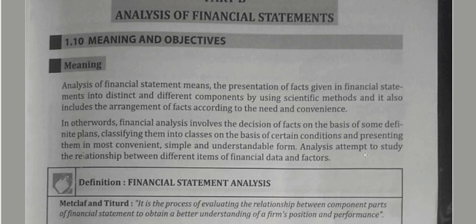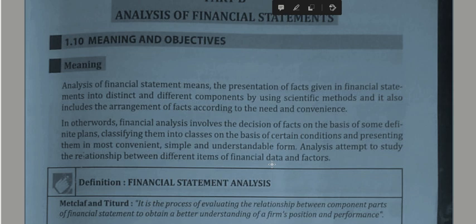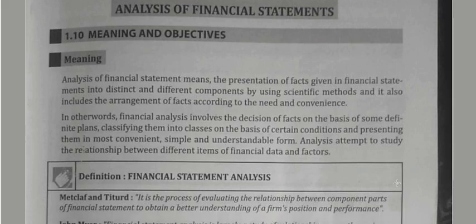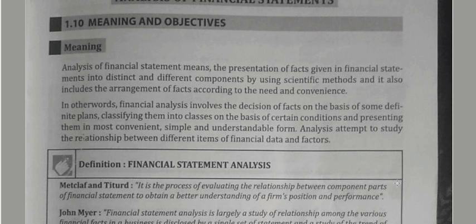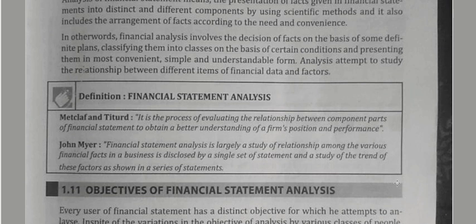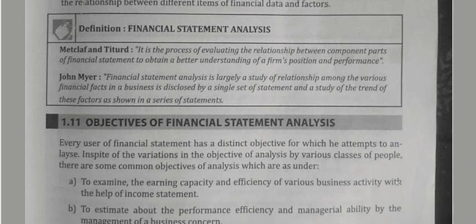So analysis attempts to study the relationship between the different items of the financial data and the factors. So whatever item is important with respect to understanding, we take that item and we compare or study the relationship of the items with reference to the financial year or the financial data available in order to understand the relationship between components of the financial statement.